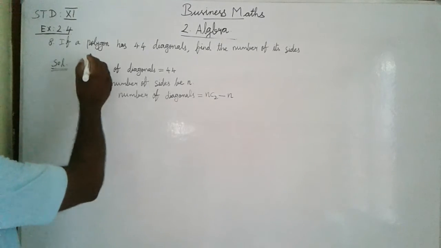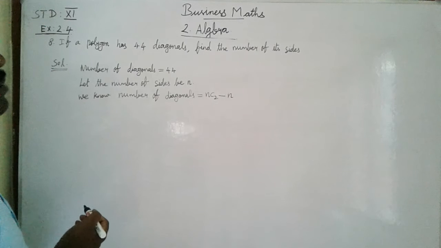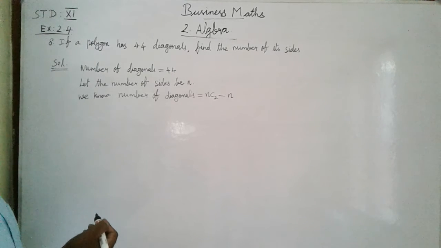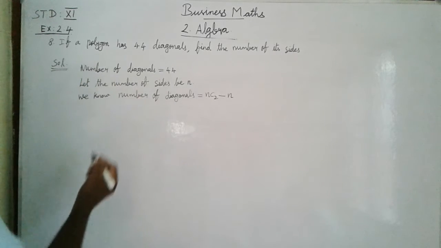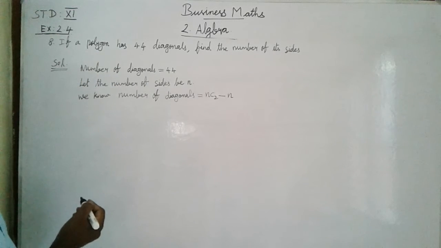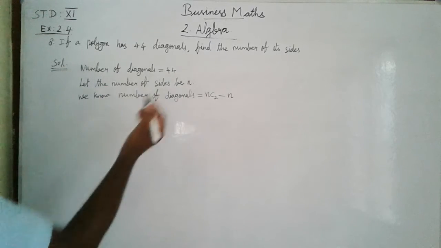Eighth sum. If a polygon has 44 diagonals, find the number of its sides. Solution: the number of diagonals is 44. Let the number of sides be n.